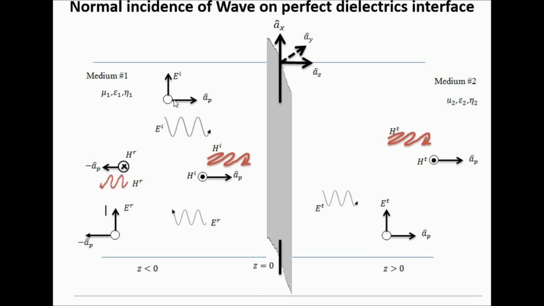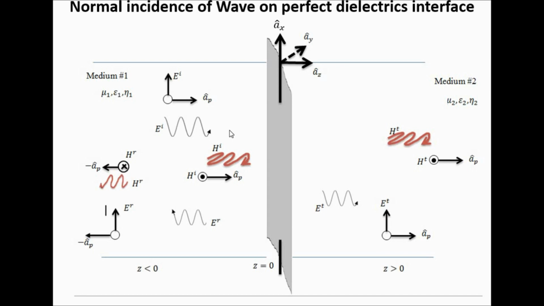Now let us assume the incident electric field is polarized in x-axis and propagating in z direction. So we show it here like this. You can also show it this way too. So this way shows it is polarized in x-axis and propagating in z direction.